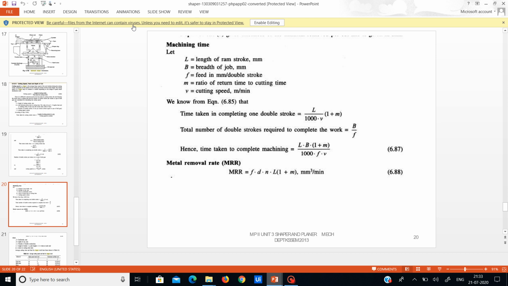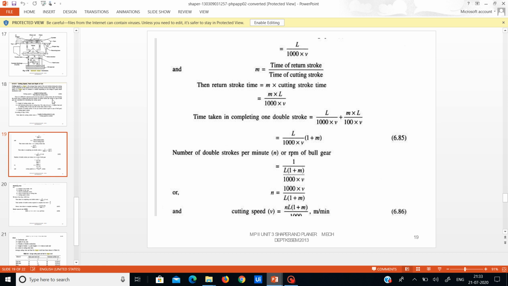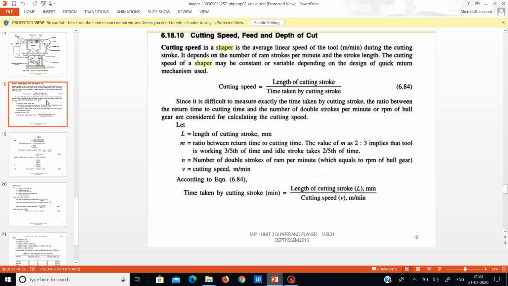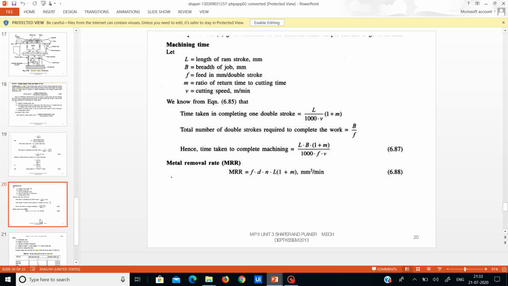Okay, that is nothing but F means feed, D means depth, and small n, as I told you in the previous class, is the number of double strokes you have taken. And L means the length of the ram.